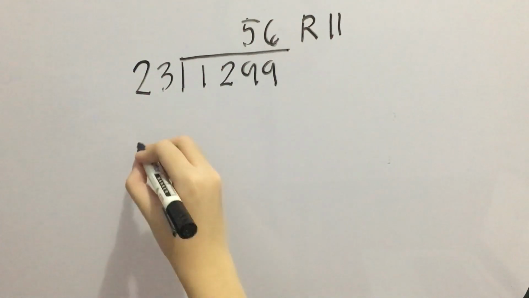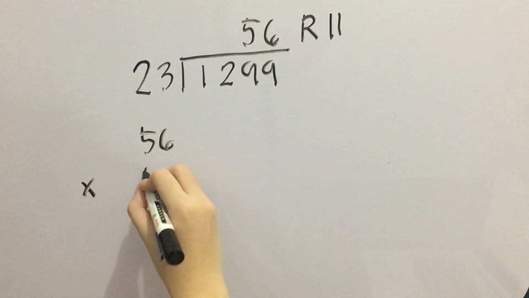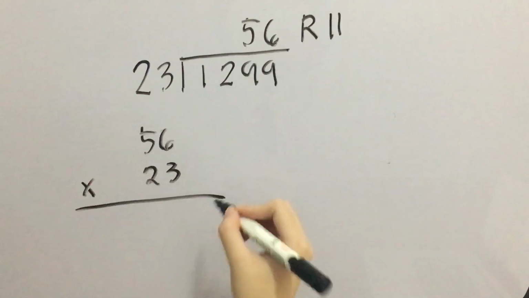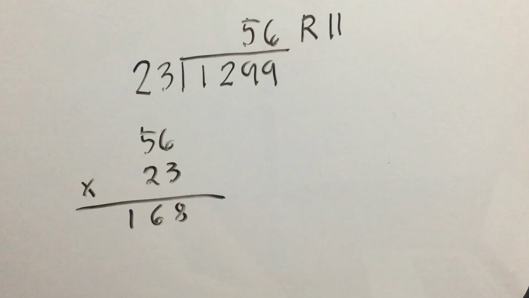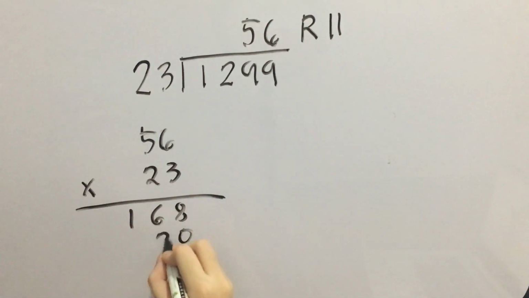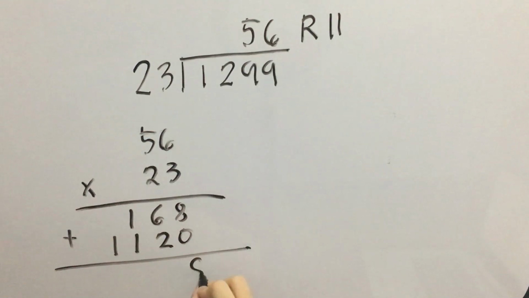First, let's multiply 56 by 23. The product will be 1288. Next, we are going to add the remainder to the product.